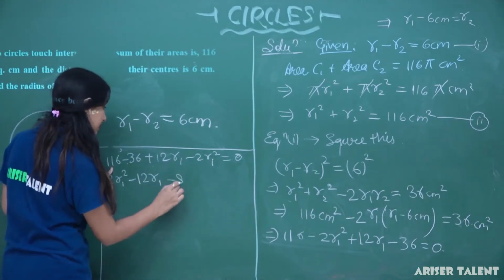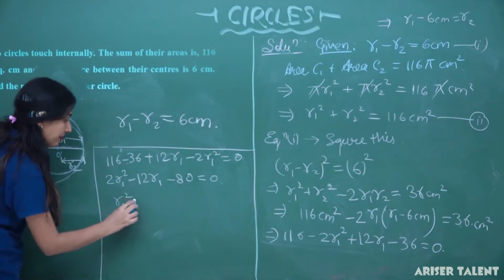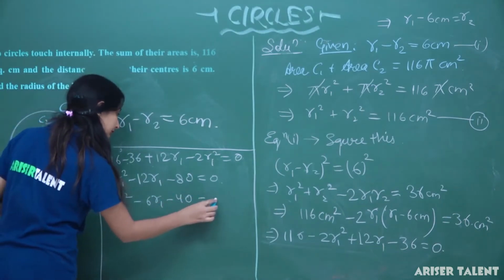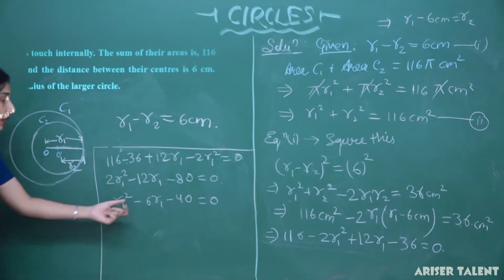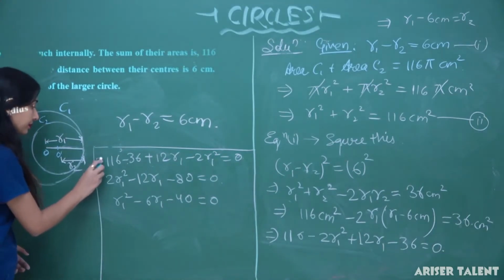So it will be minus 80 equals 0. So can I have it as r1 square minus 6 r1 minus 40 by taking 2 as common, right? Now can I factorize it?